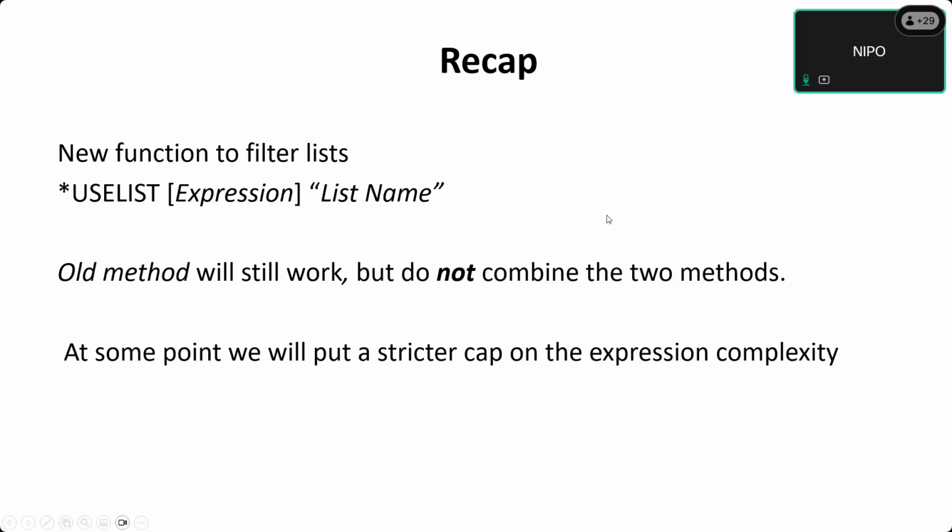That old method will still work, but do not combine those two methods on the same question. At some point, we will put a stricter cap on the expression complexity between questions, because as I said, the reason we created this new expression to filter out list is because we saw that there were sometimes thousands of lines between questions just to build up that filter expression. That is actually using a lot of resources.